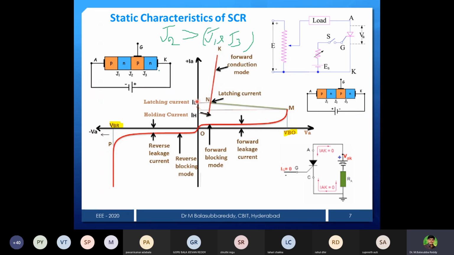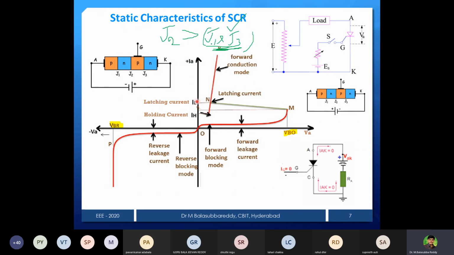Now tell me, for which one do we need more voltage? The width of the depletion layer is more during forward bias, and it is less during reverse.